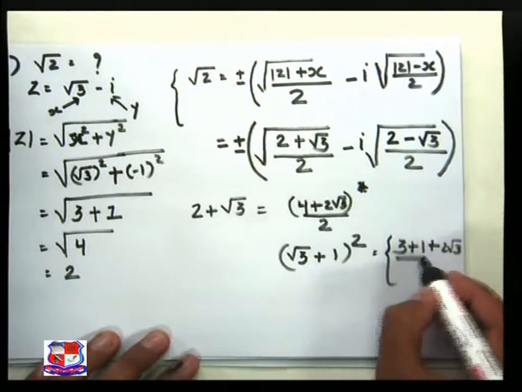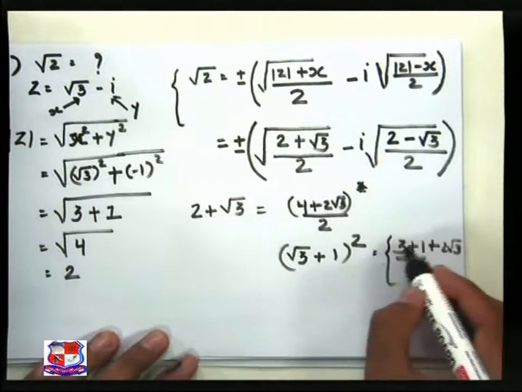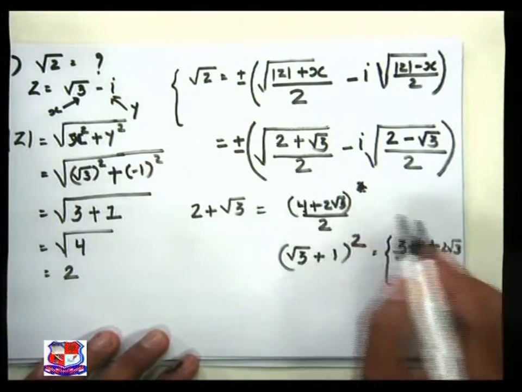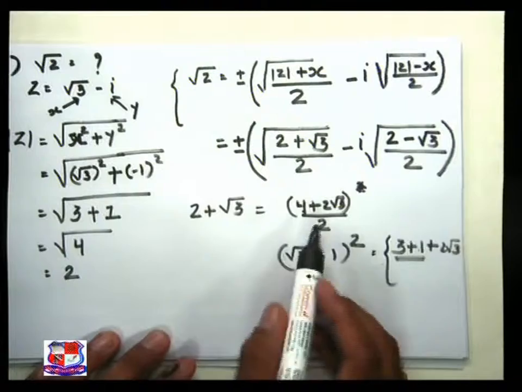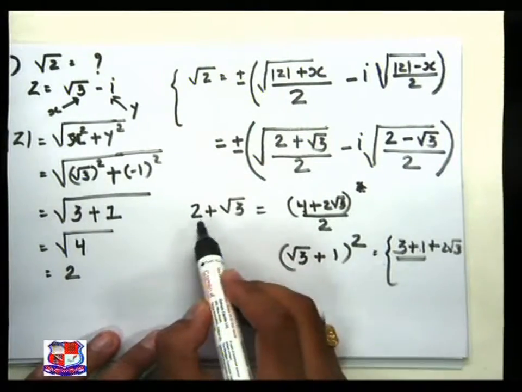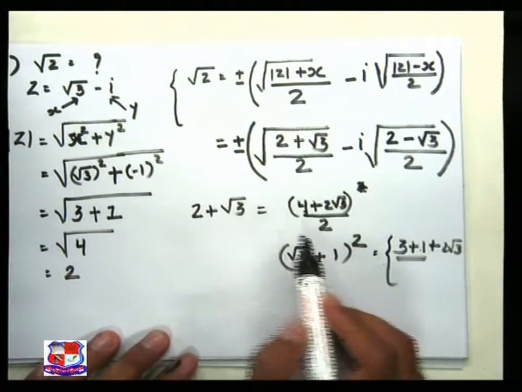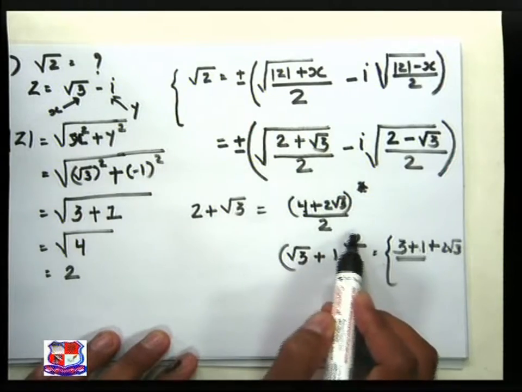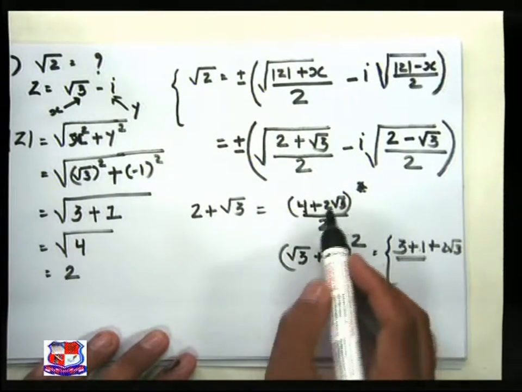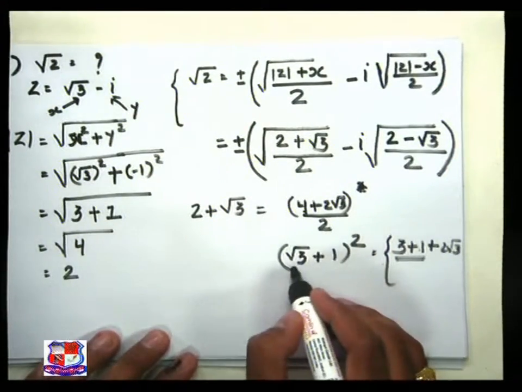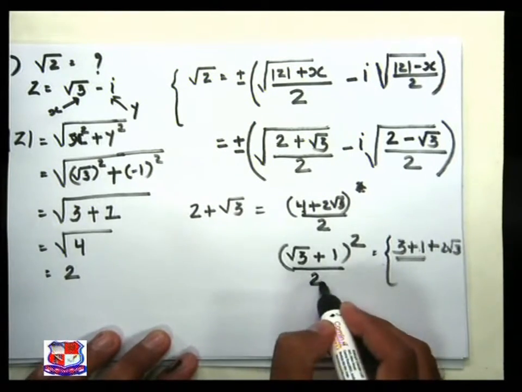So finally we get our previous result, 3 plus 1, that is 4, plus 2 under root 3. In this way 2 plus under root 3 can be converted into the square of under root 3 plus 1. Now the last term, divide by 2, stays as it is.